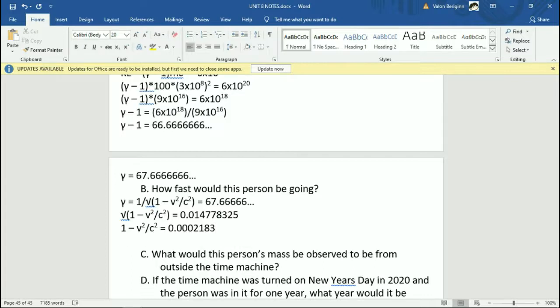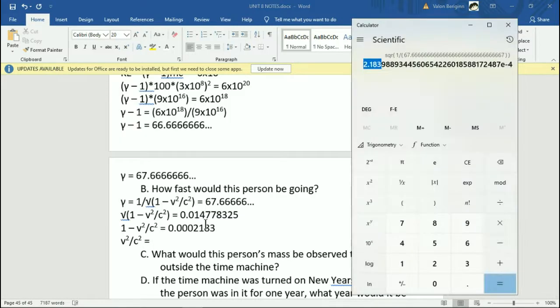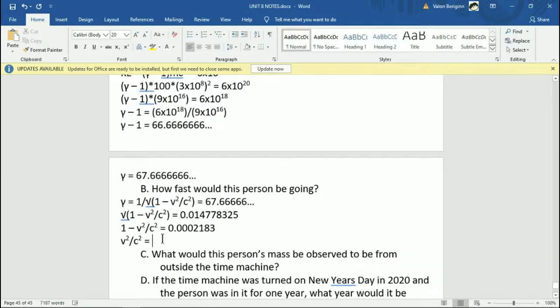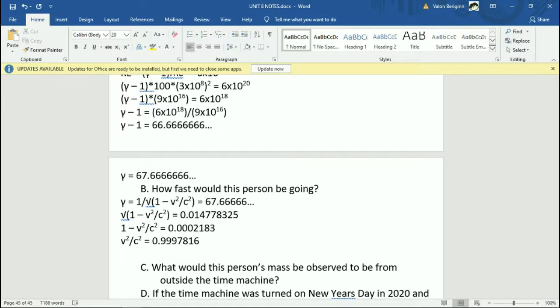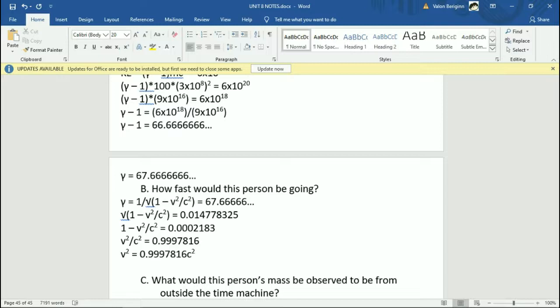So 1 minus this ends up being that v squared over c squared equals, I'll round it to that, which therefore means you have to square root this at this point.